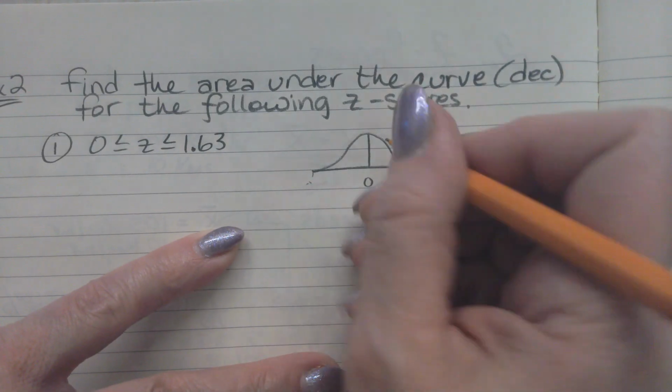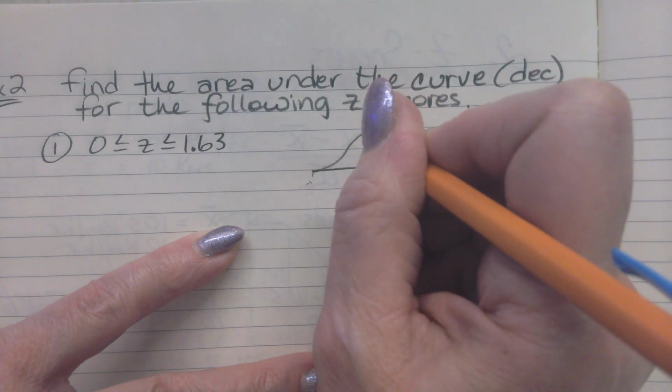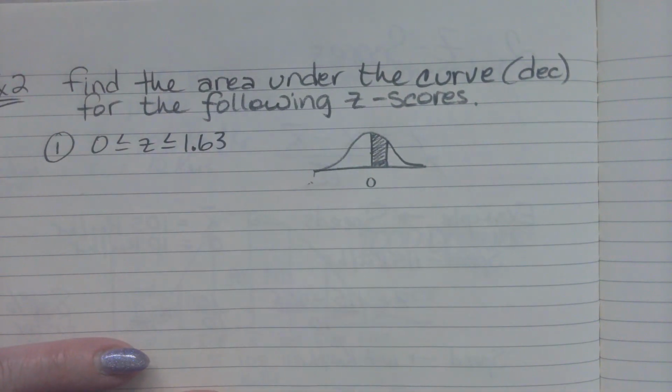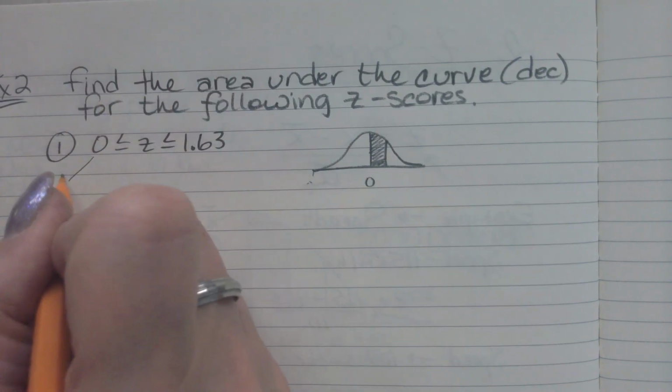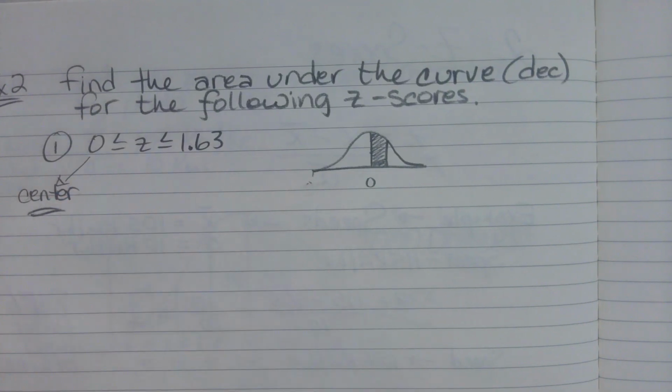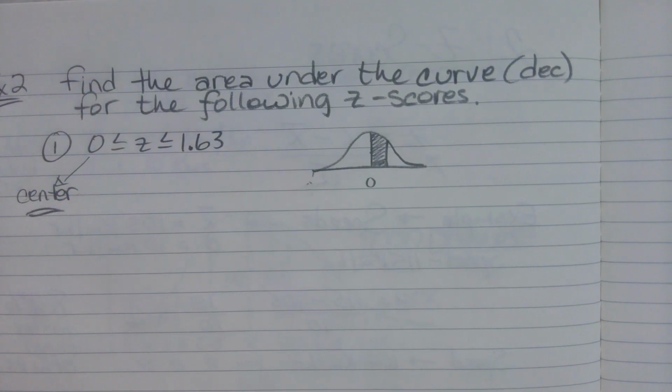And I want 1.63, so somewhere over here, right? I'm just kind of eyeballing it. That's the portion that I want. So 0 is representing the center, because your Z-score would be 0 at the mean.